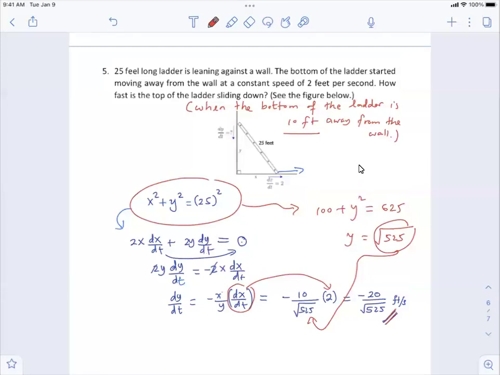Now, most of the problems that you see in this setting, in this scenario of related rates, are not going to be complicated. Especially when it comes to problem solving, it will be much easier than some of the examples that we discussed here. However, it is rooted in practice.